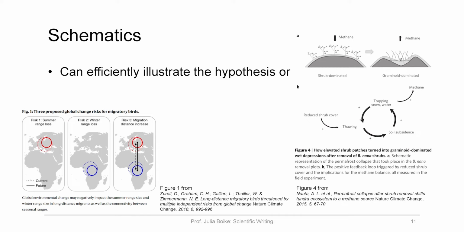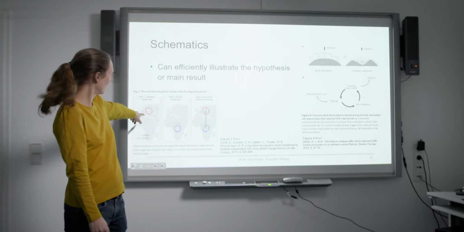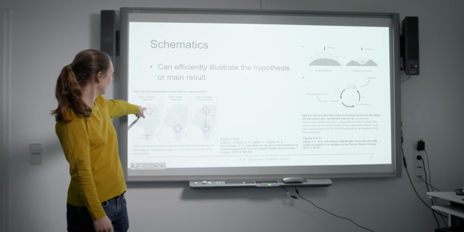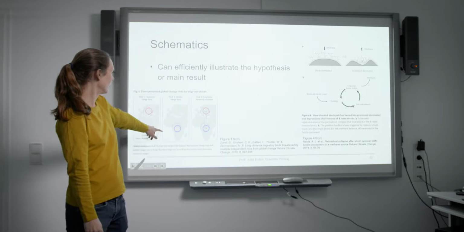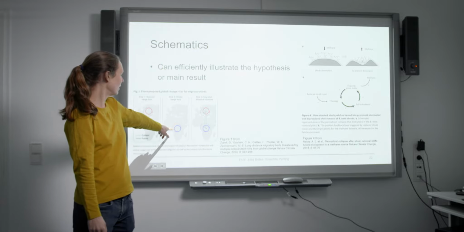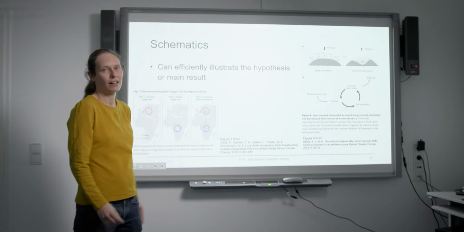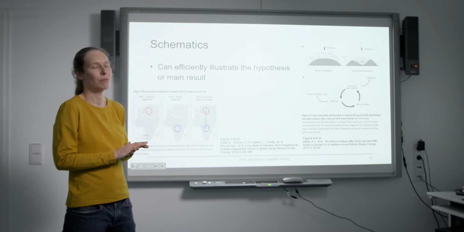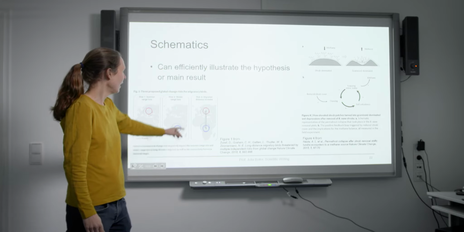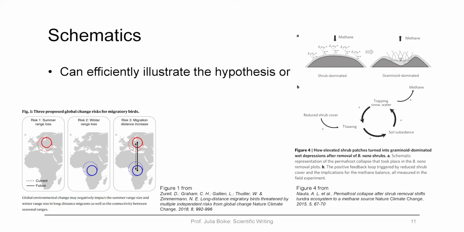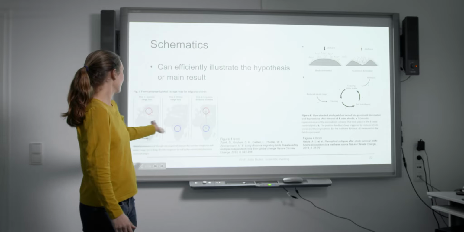So in this area, it's not suitable anymore for the bird. So in summer, it can only live in this smaller circle here. Or maybe in winter, the range gets smaller because, for example, here it gets too dry, or other climate gets more extreme. And then the third risk is that the distance between the summer and the winter habitat might increase.